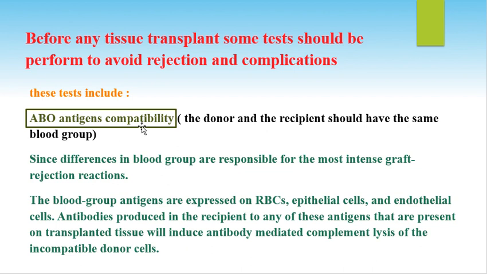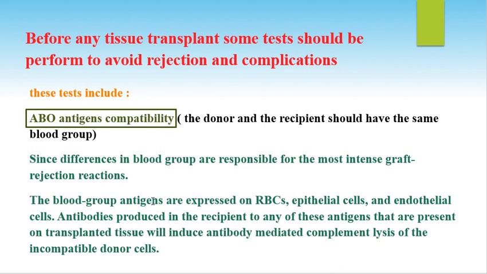Before any tissue transplant, some tests should be performed to avoid rejection and complication. These include ABO antigens compatibility, so the donor and the recipient should have the same blood group, since differences in blood group are responsible for the most intense graft rejection reaction.